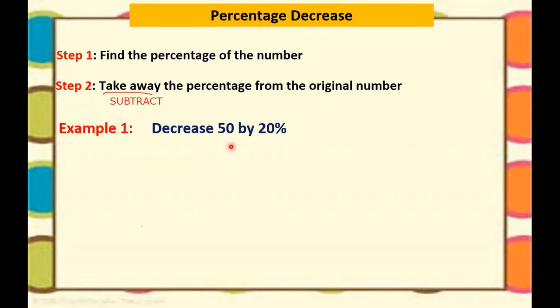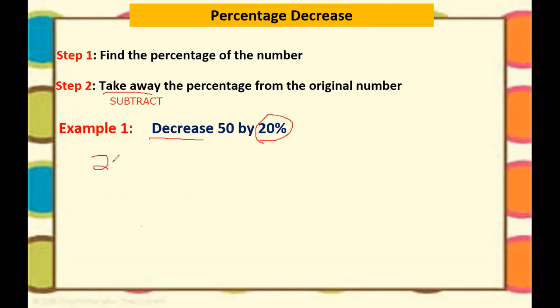Decrease 50 by 20%. So the same way we calculate the percentage of an amount, you have to calculate first, the procedure for the percentage of an amount or a quantity, before you subtract from the original number. First you have to take the 20%, and remember it's decreased. Once we have calculated the 20% of 50, then you are going to subtract the amount.